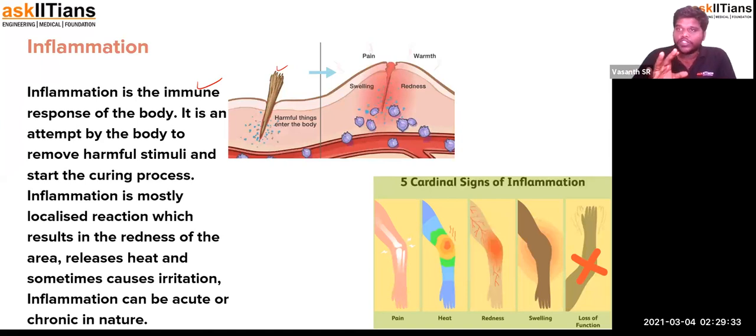Our body's defense system is designed in such a way that any particle or material which enters our body has to be removed so that it will not harm our body at any cost. Such an alert reaction results in inflammation. In this process, the body attempts to remove harmful stimuli and start the curing process.